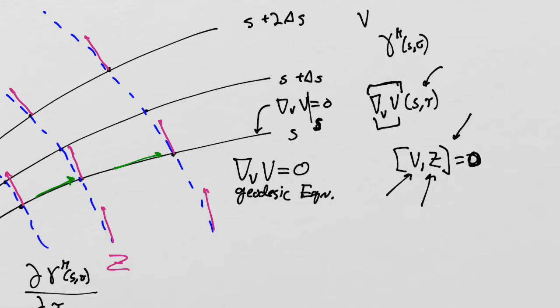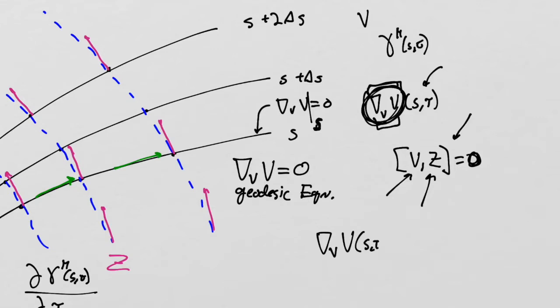Anyway, the point is that this guy here is a vector field, and this vector field along this curve S, where S is held constant and tau moves, we're going to write down the geodesic equation for that particular curve this way. That's what this evaluated at S means. Another way I guess I could have written it is the covariant derivative in the direction v of v.